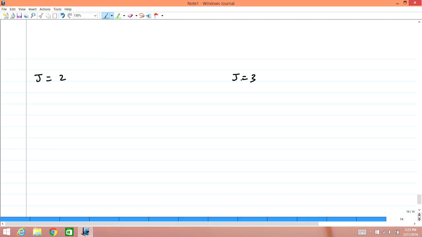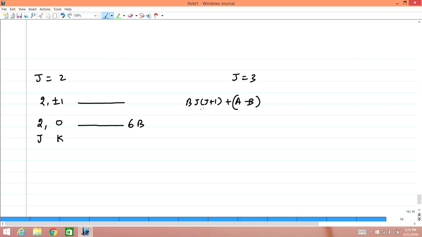For 2, plus or minus 1, remember, B J(J+1) plus A minus B, this is 6B plus A minus B, so what you have is A plus 5B.